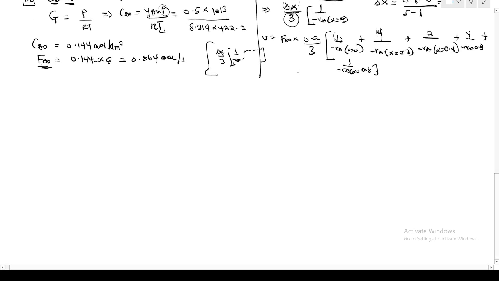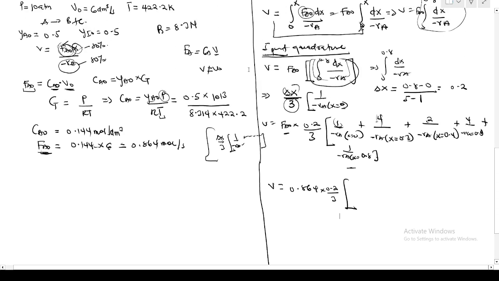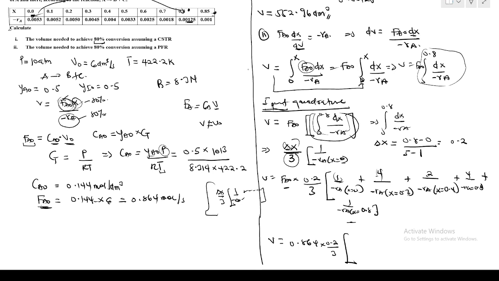Now, getting this, 1, 2, 3, 4, 5. So that means we have our 5 data points. Our V becomes Fa naught, which we had as 0.864, and then 0.2 over 3. We just have to evaluate at x equals 0. What is the value of 1 over Ra?